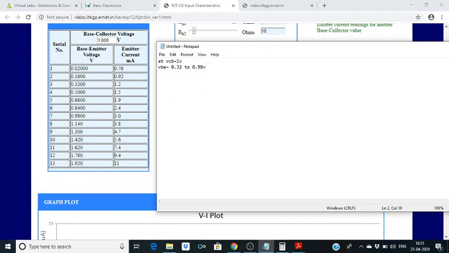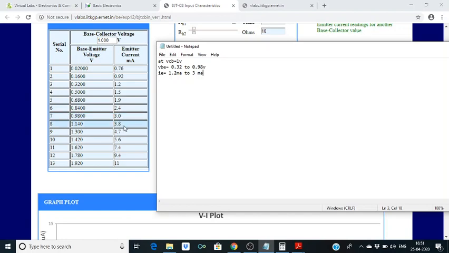Then current IE is changing from 1.2 milliampere to 3 milliampere, so for 0.98 it is 3 milliampere.